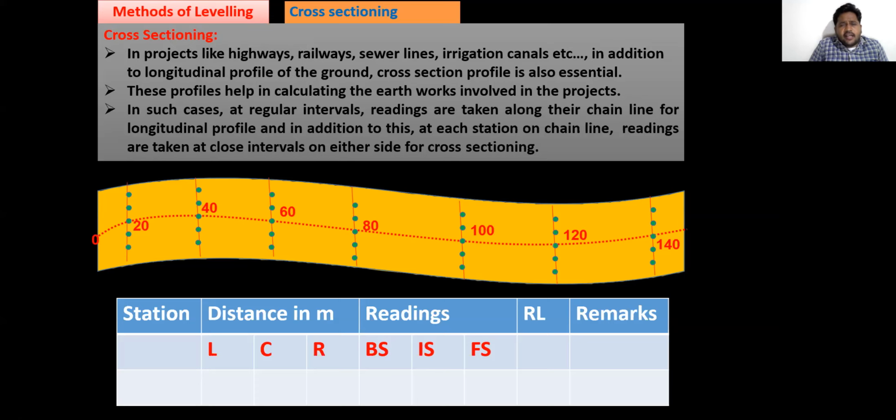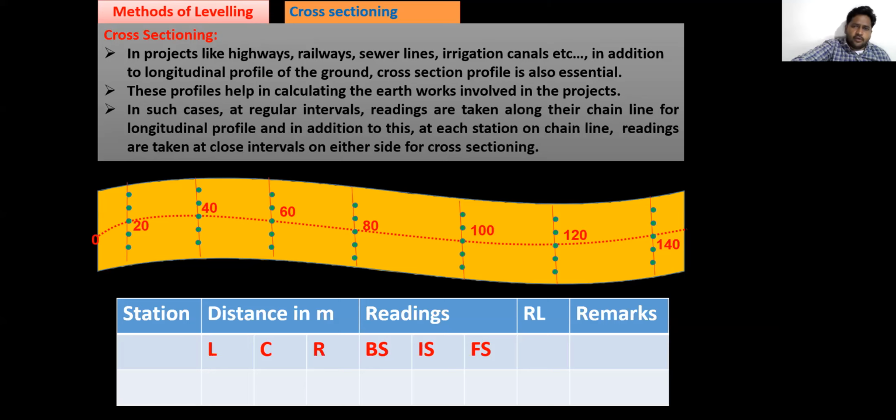In such a case, at regular intervals, readings are taken along the chain line, the longitudinal profile, and in addition to this, at each station on the chain line, readings are taken at close intervals on either side, the cross section.